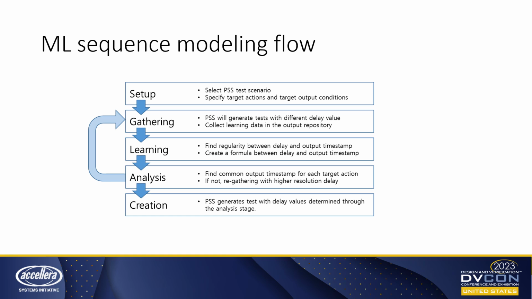This diagram shows the flow of the machine learning based failure model, the learning sequence. As you see, the first step is the setup sequence, where we select the PSS test scenario that specifies action A and action B, and after that we gather samples of input delay and simulation timestamp information.